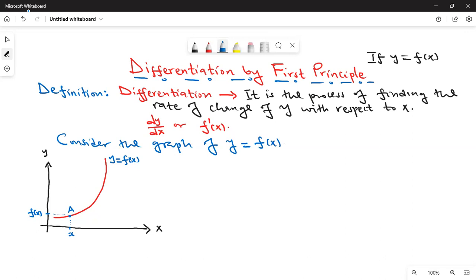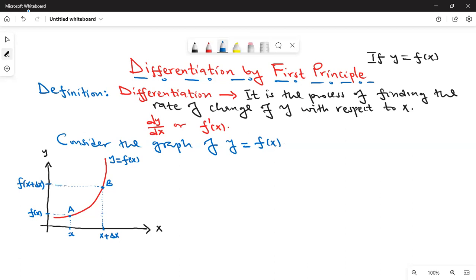Let us call it point B. And the coordinate on the x-axis, let it be x plus the change in x. And the corresponding coordinate on the y-axis, let it be f of x plus change in x.